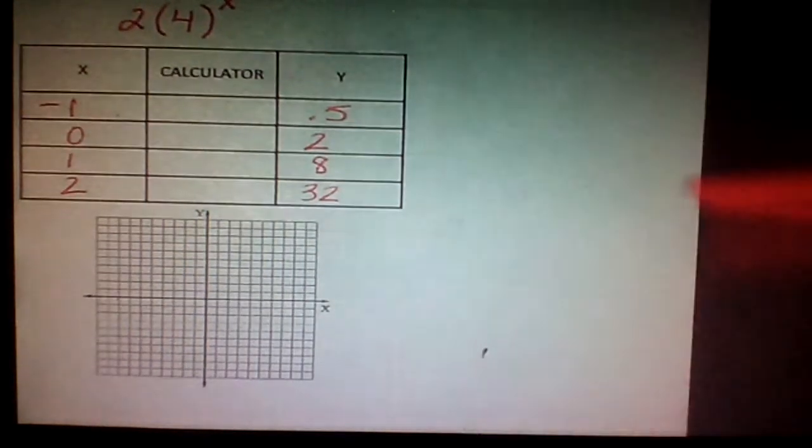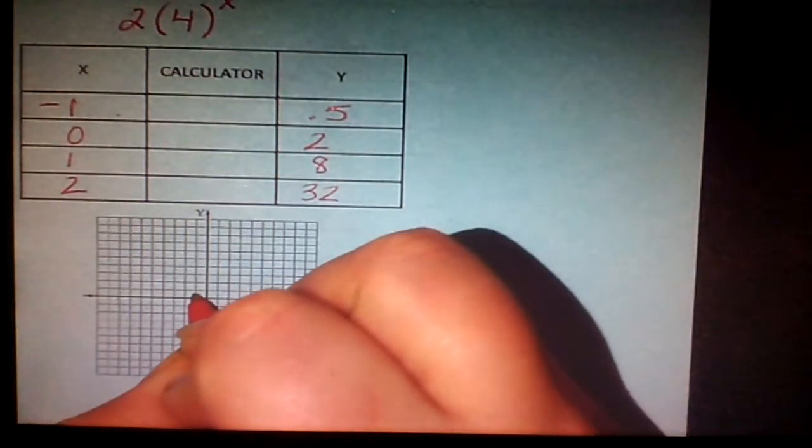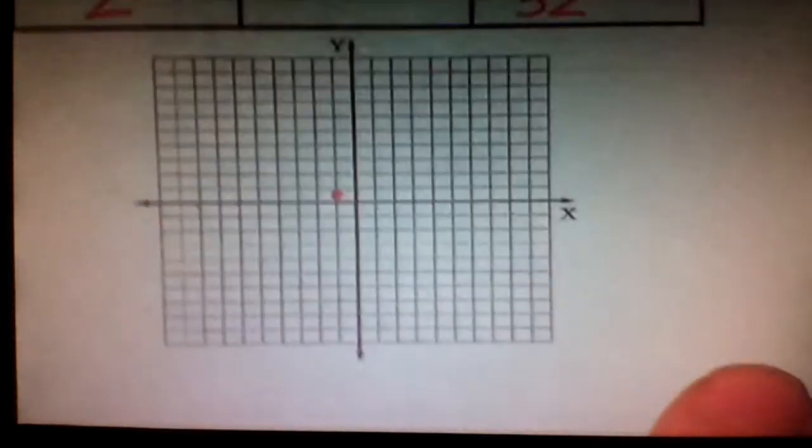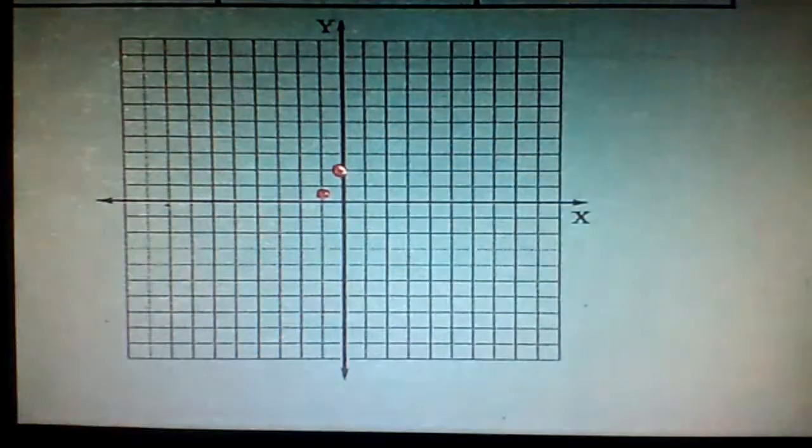So let's graph this. When we're at -1, we're at 1/2. When we're at 0, let me blow up the graph here. Okay. When we're at 0, we should be at 2. When we're at 1, we should be at 8. 2, 4, 6, 8.